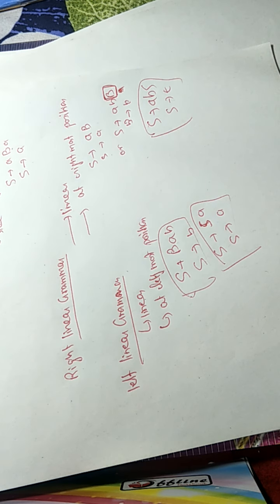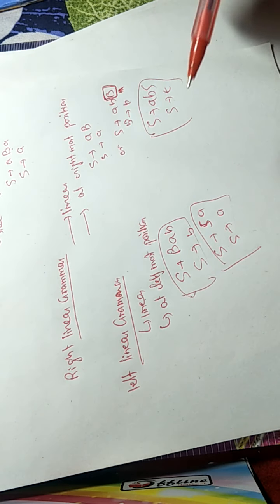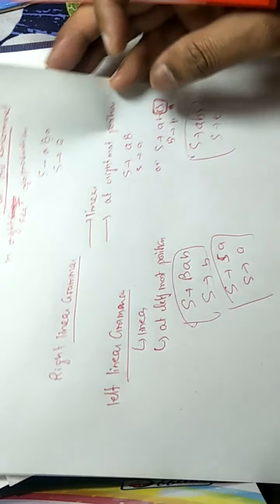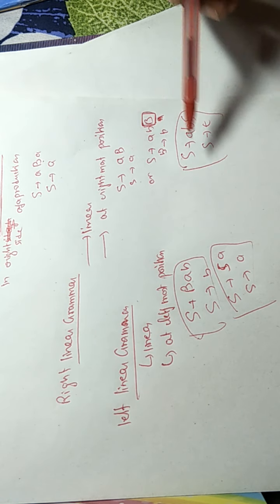So if we can have this kind of production or this kind of production, then the grammar will be called regular grammar. It means that if we have these kinds of productions, we can design finite automata from these.